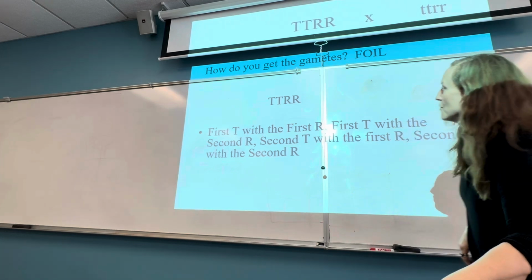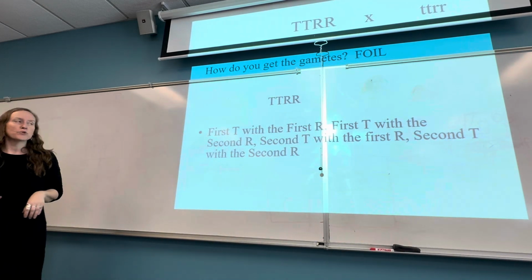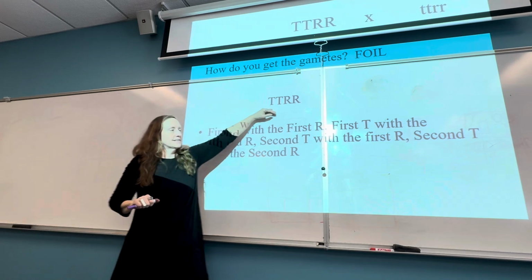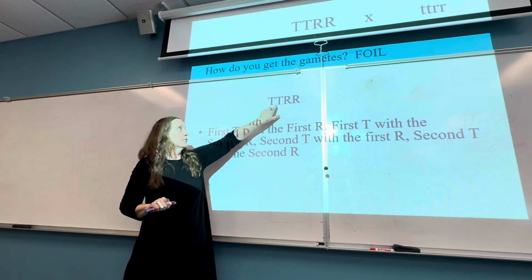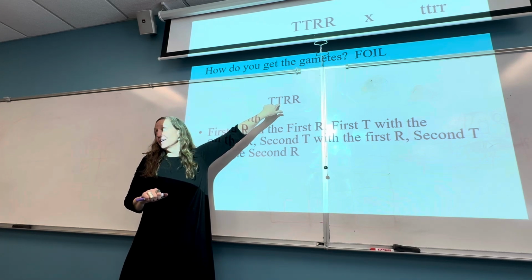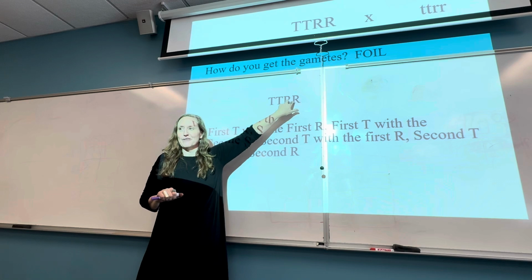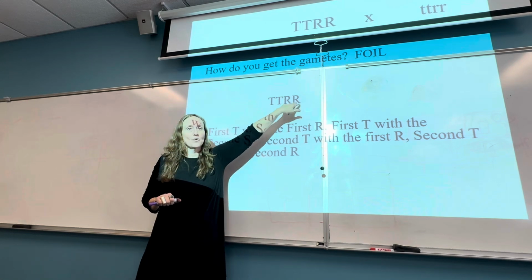So we're going to call this a true breeding dominant parent. They're going to be dominant for both this trait and that trait. There's 2 alleles for every trait because we've got 2 T's and 2 R's.